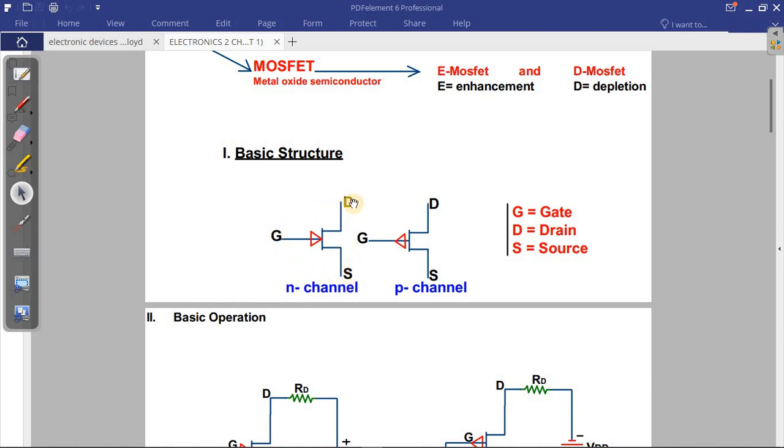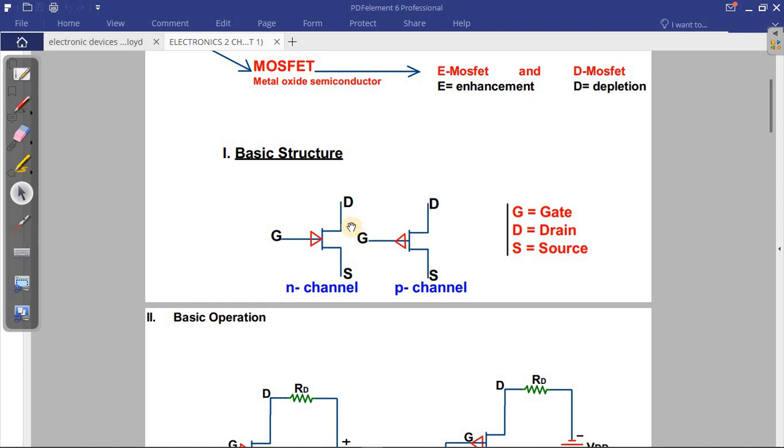G for gate, D for drain and S for source, same thing. You can see this is the basic structure of the JFET. Guys, you must know this, otherwise we can't move on. So now we're done with the basic structure of the JFET.